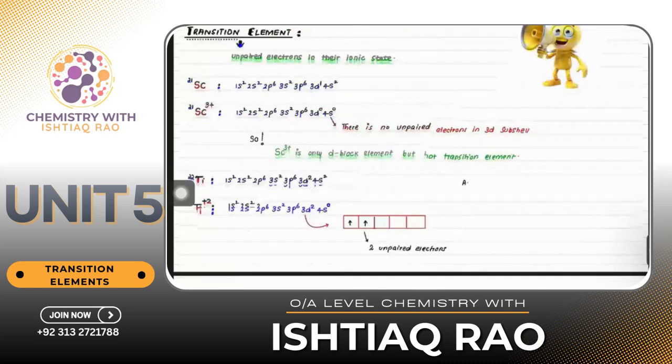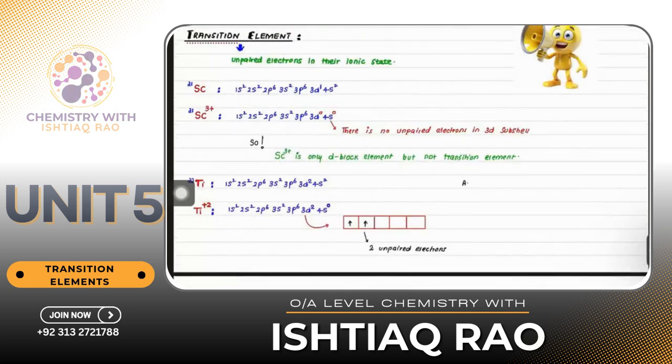So a transition element must have an incomplete d subshell. That is the simple definition.